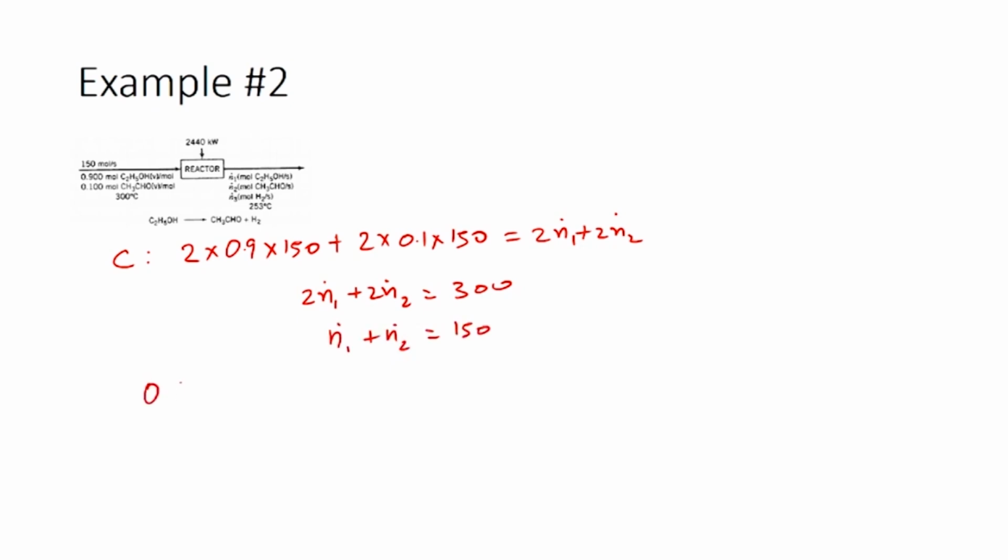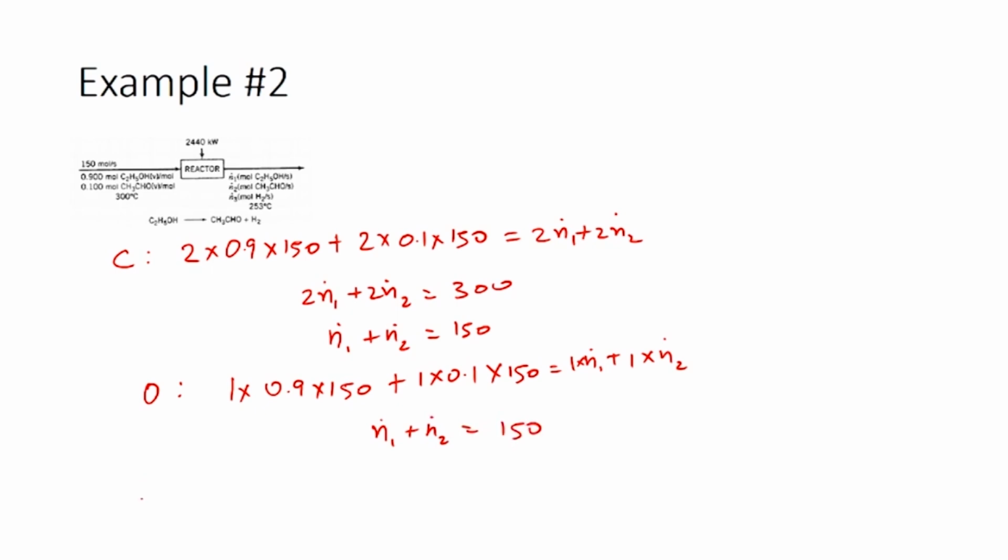If you were to write an oxygen balance, you would have 1 times 0.9 times 150, which is the number of atoms of oxygen entering in the form of ethanol, plus 1 times 0.1 times 150, which is the atoms of oxygen entering in the form of acetaldehyde, giving you an output stream which would be 1 times n1 dot plus 1 times n2 dot. The equation simplifies again to n1 dot plus n2 dot equals 150.